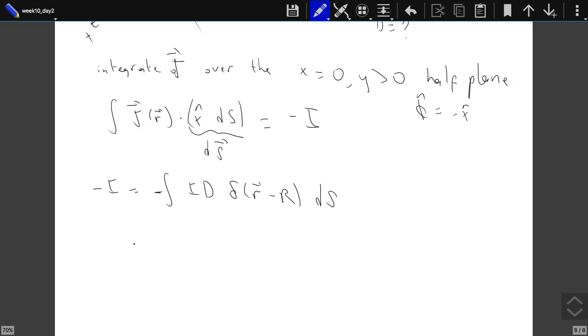Well, he preferred to use cylindrical coordinates, so the I's I can just cancel. 1 is equal to d times the integral in cylindrical coordinates, this area element I can always write as dr dz.